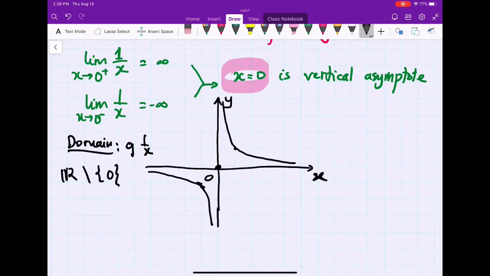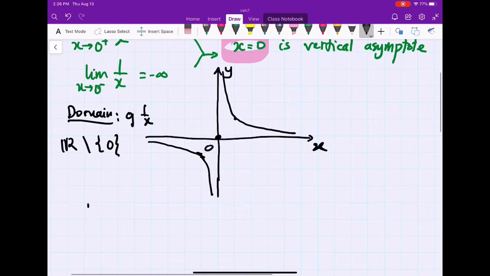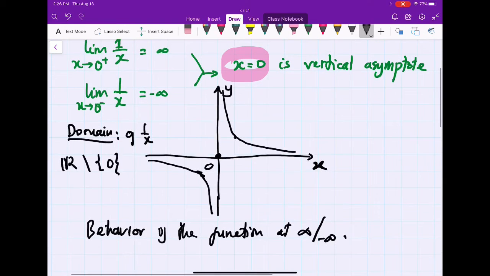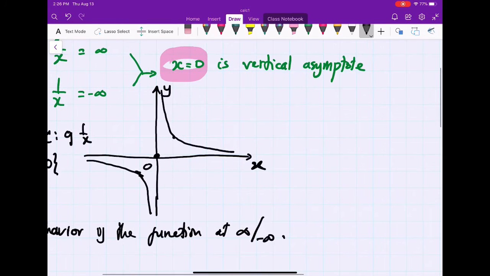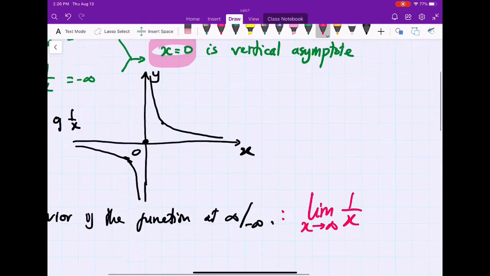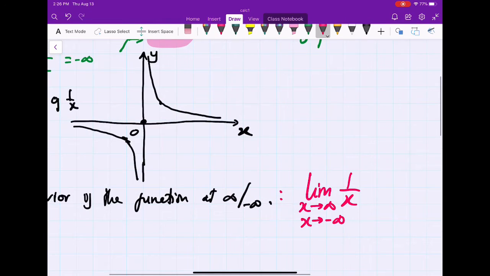That means you are interested in the behavior of the function at infinity, right? Behavior of the function at infinity, positive or negative infinity. So that means you need to consider the limit of the function when x approaches infinity. Is that correct? Then you need to consider the following limit: 1 over x when x approaches infinity or x approaches negative infinity.